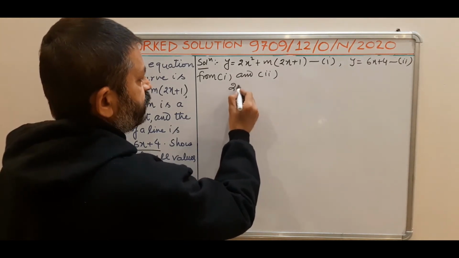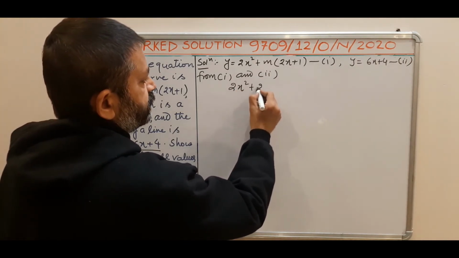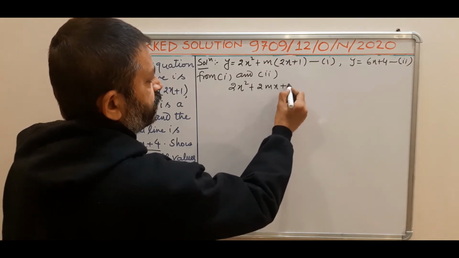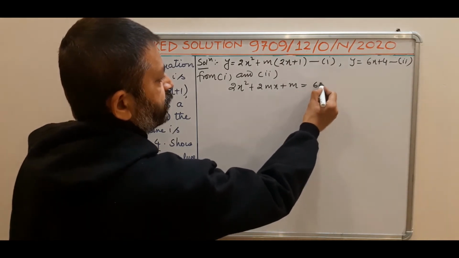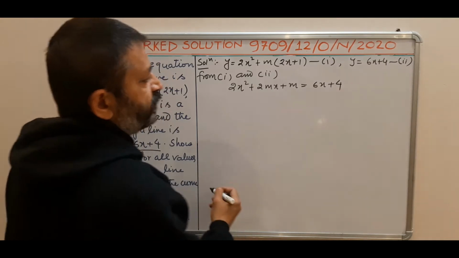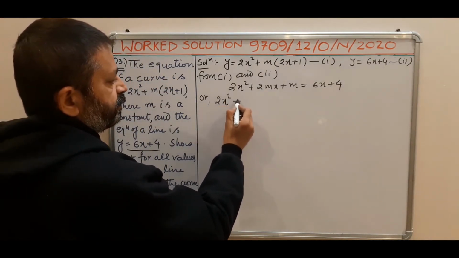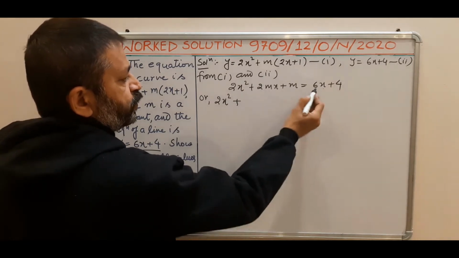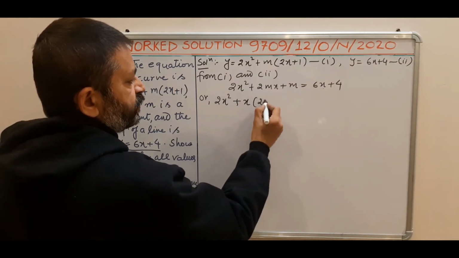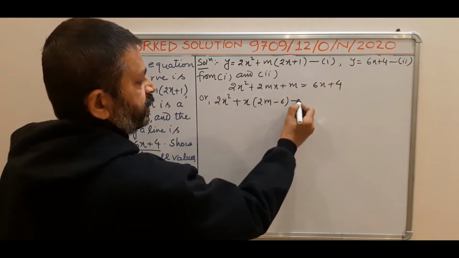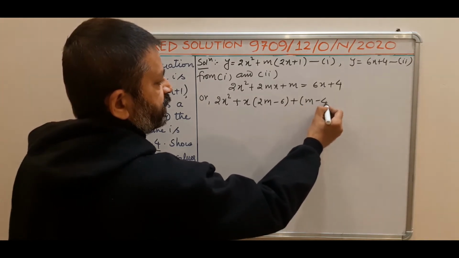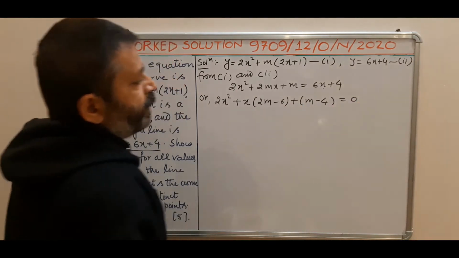So it will become 2x² + 2mx + m = 6x + 4, or we can write it as 2x² + (2m − 6)x + m − 4 = 0.